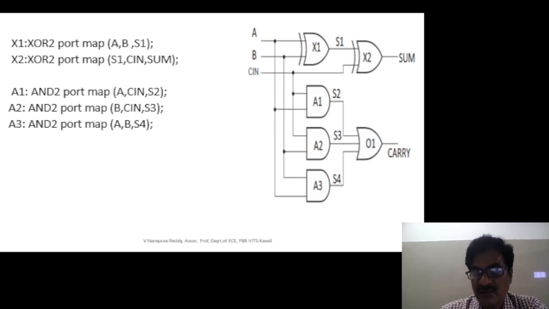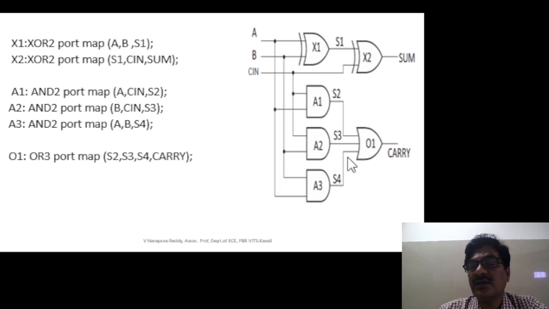Then for the OR gate, the instantiation statement starts with O1 because O1 is the label name, colon. Component name for the OR gate is OR3, then port map of. What are its inputs? Observe here, S2, S3, S4.